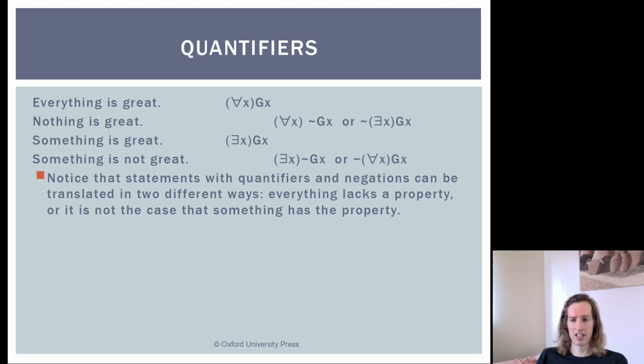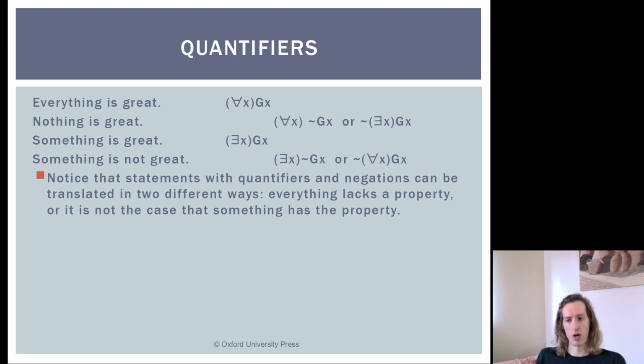Now, if I want to say something is great, I could just express that with the existential quantifier and then gx. And this would read, for at least one x, there's an x with the property g. So for at least one thing, it is great. If I want to say something is not great, I could say there is at least one thing that does not have the property g.